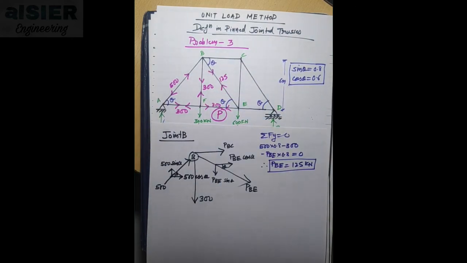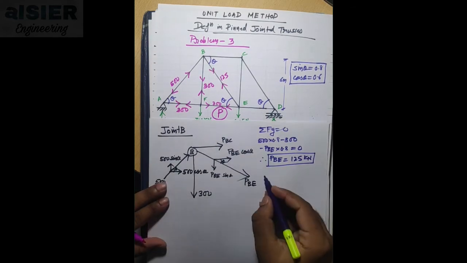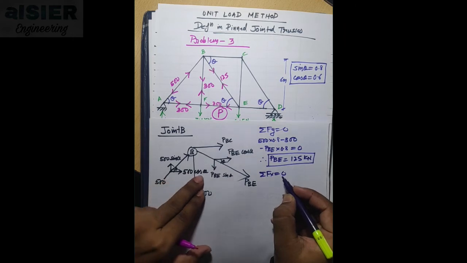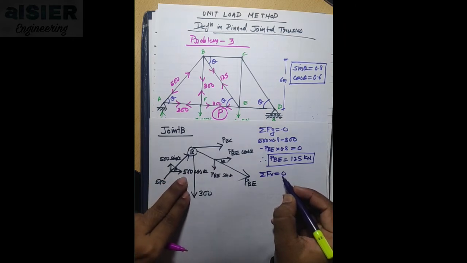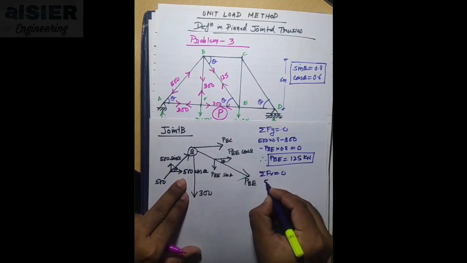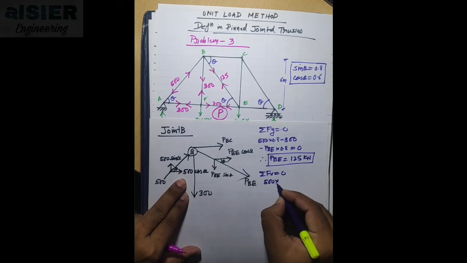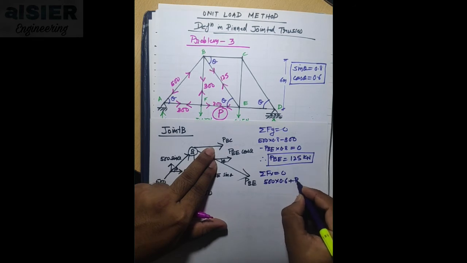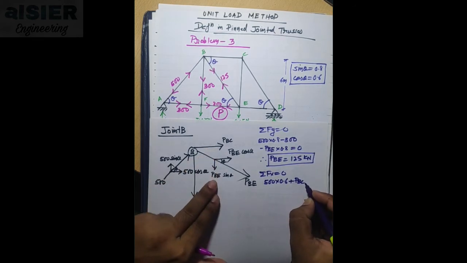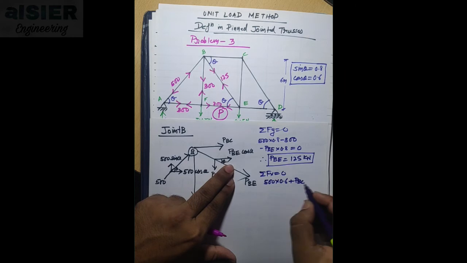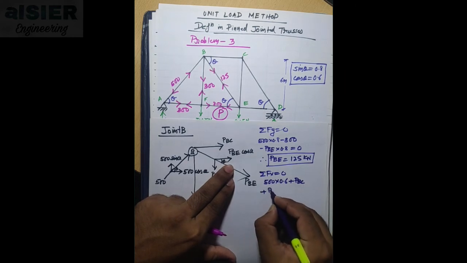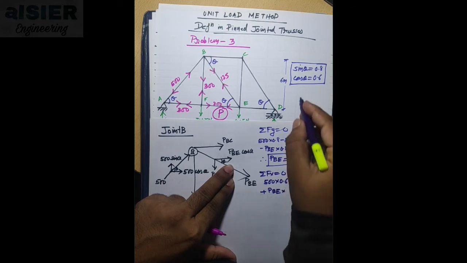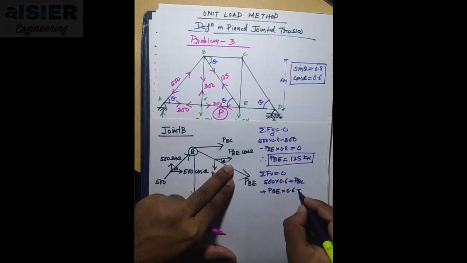Now we will do summation of Fx. So summation of Fx is equals to 0. So this 500 is going towards right, 500 cos theta, right? So 500, what is value of cos theta? 0.6. PBC is going towards right, so plus PBC, and this PBE cos theta is also going towards right, so plus PBE into what is value of cos theta, is 0.6 is equals to 0.